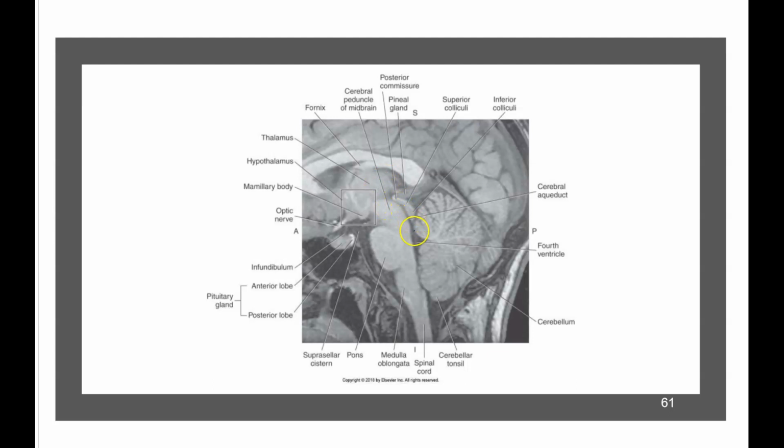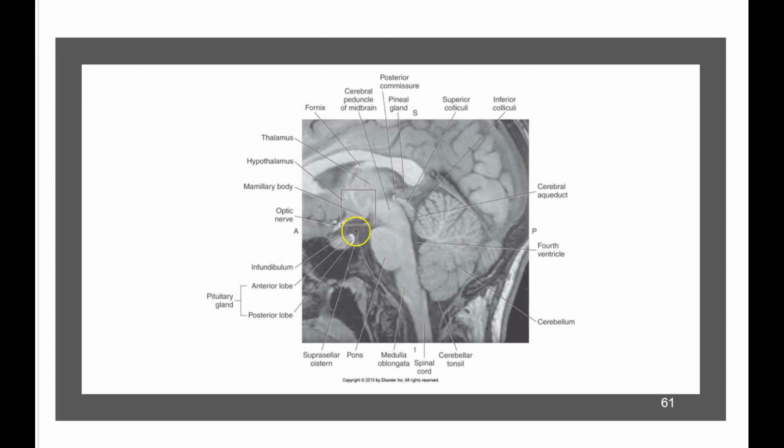Your cerebral aqueduct comes down to your fourth ventricle, right? Remember all this? Here is your cerebellum and your cerebellar tonsil. So remember I talked about Chiari syndrome. And then we've got your pons, your medulla oblongata, and coming down to your spinal cord or central canal, okay?